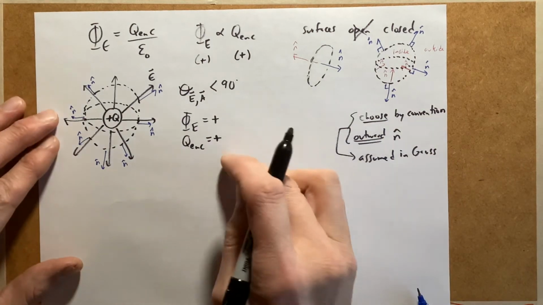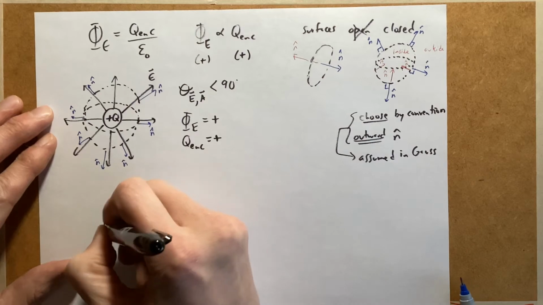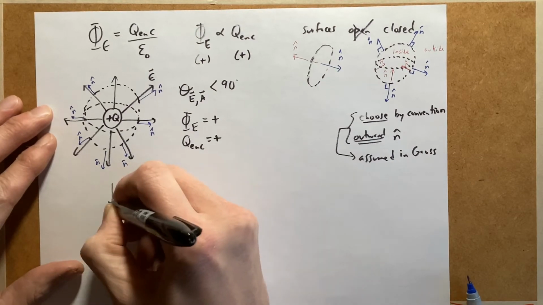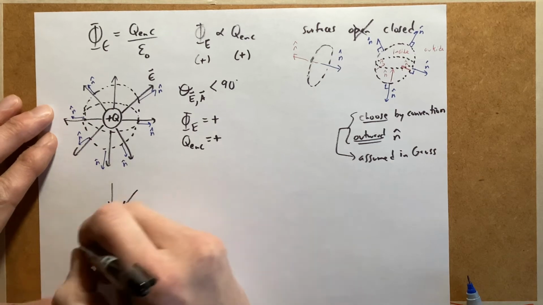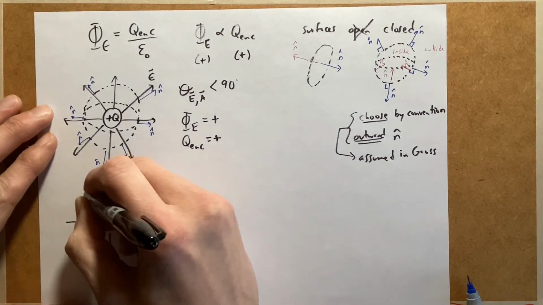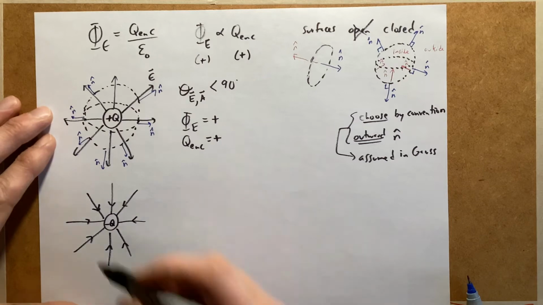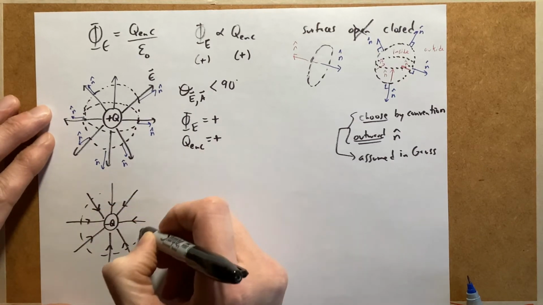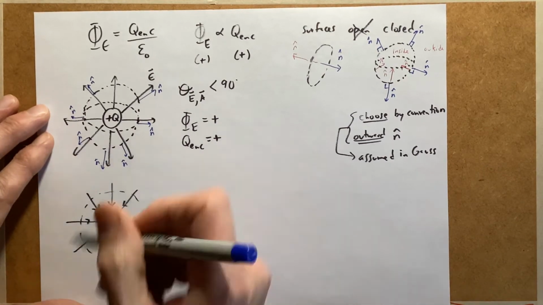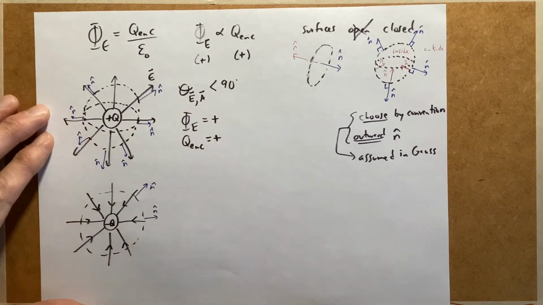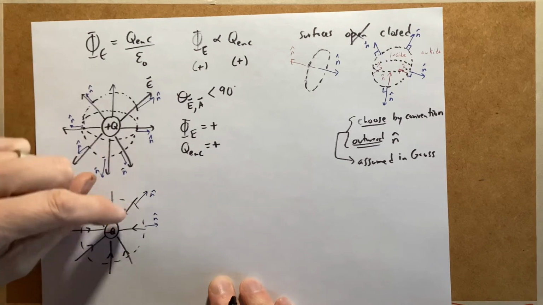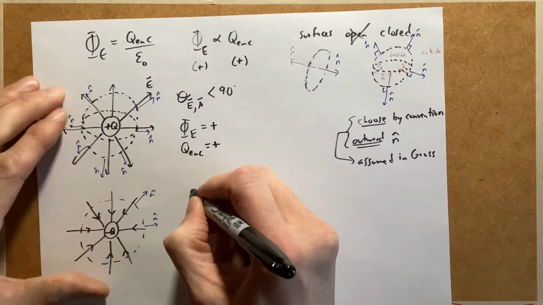We can check out the negative charge, just to bring it home. We learned that for a negative charge, we chose that the electric field lines come in from the rest of the universe and terminate on that charge. If we surround this by a Gaussian surface, remember that the outward-facing normal is still our choice, and you can see that the angle between the normal vector and the field is going to definitely be greater than 90.